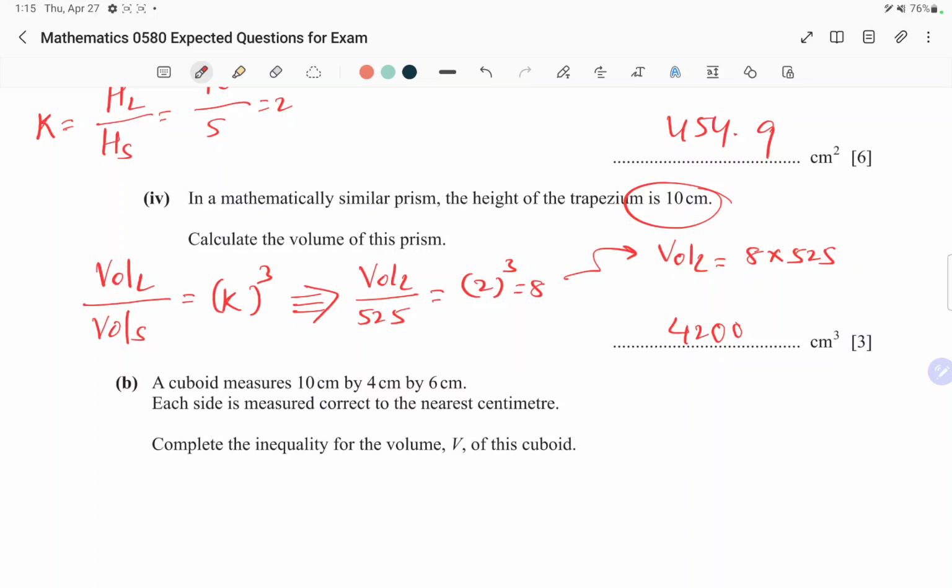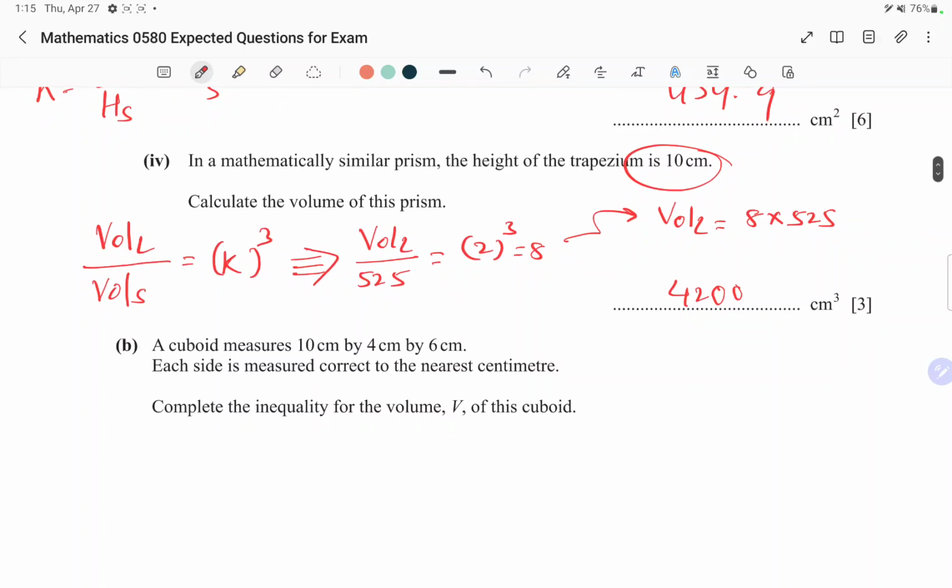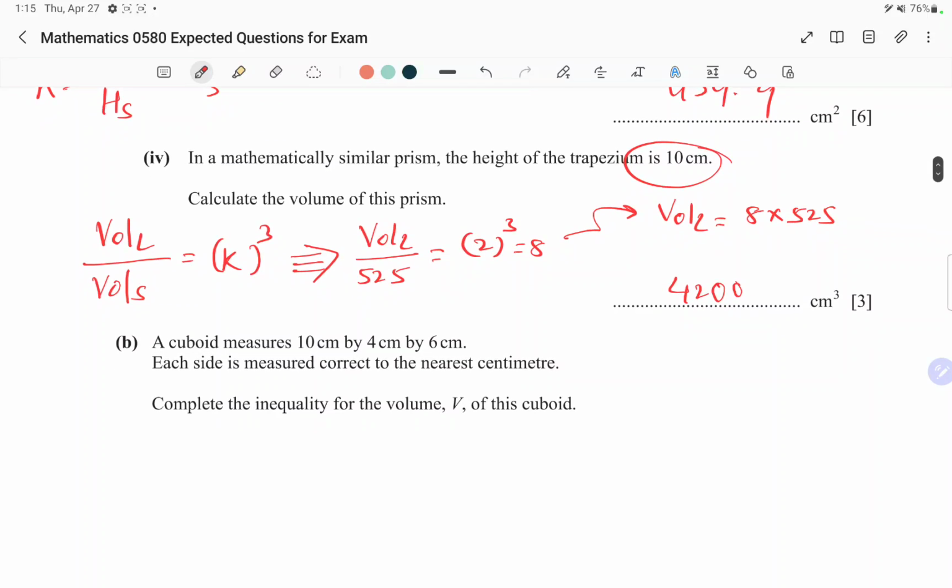Now B part says a cuboid measures 10 centimeter by 4 centimeter by 6 centimeter. Each side is measured correct to the nearest centimeter. Complete the inequality for the volume of this cuboid. No problem.